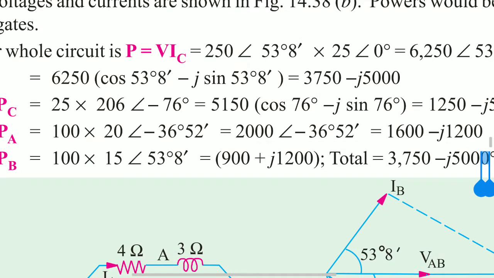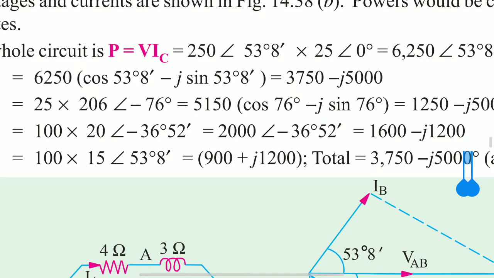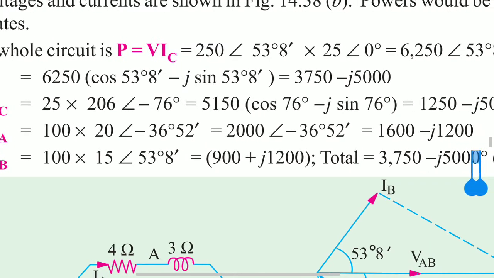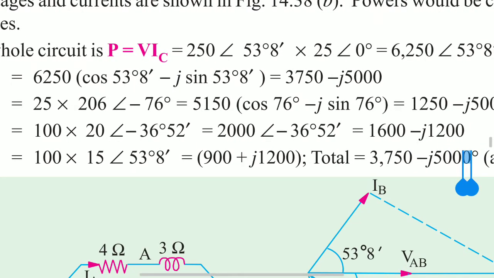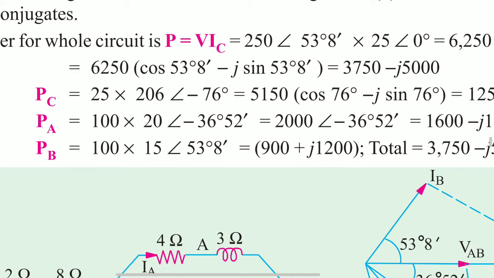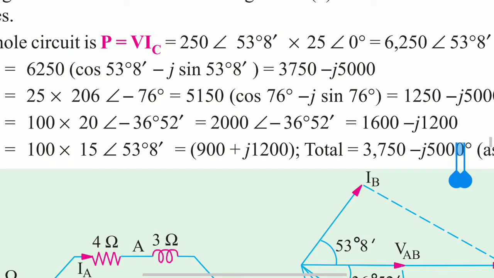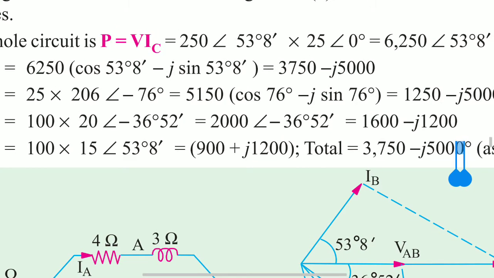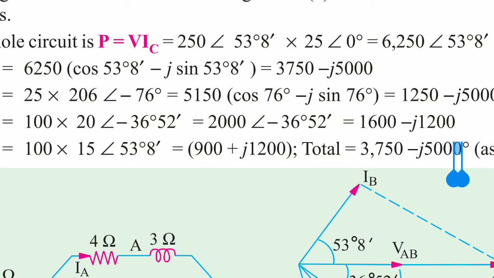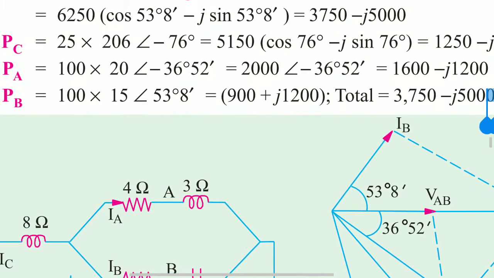That is equal to 2000 angle of minus 36 degrees 52 minutes. That gives 1600 minus j 1200. Here 1600 is the active power and 1200 is reactive power.